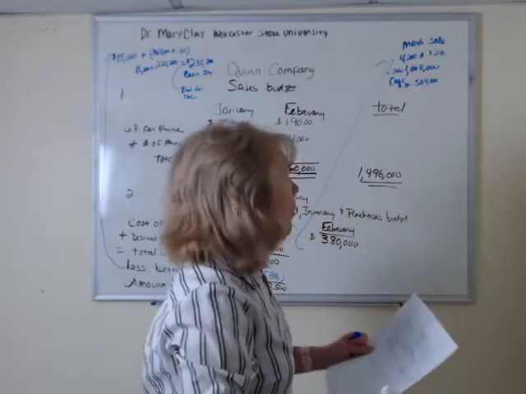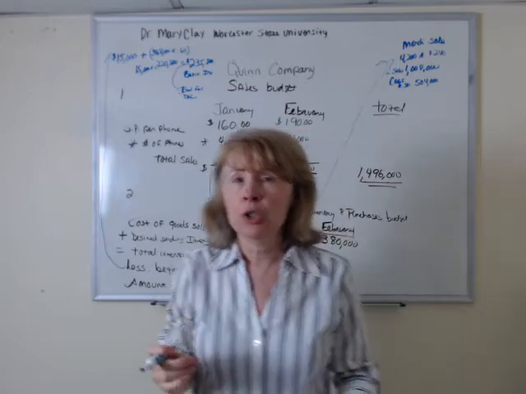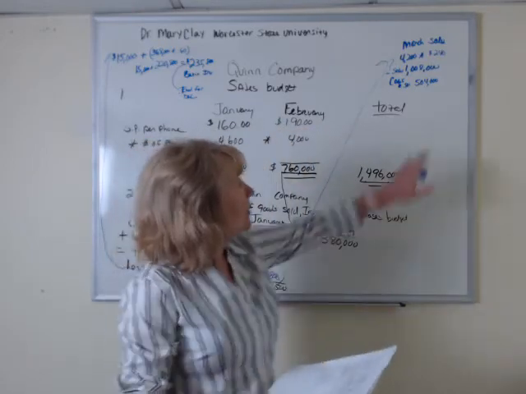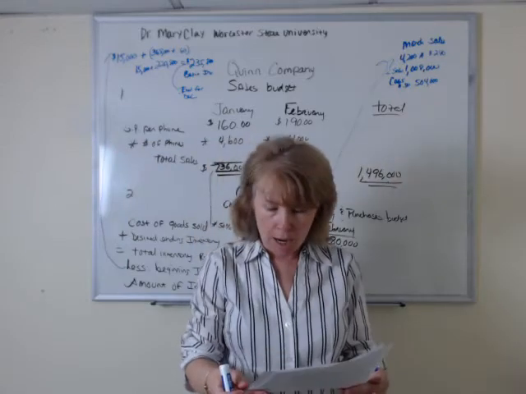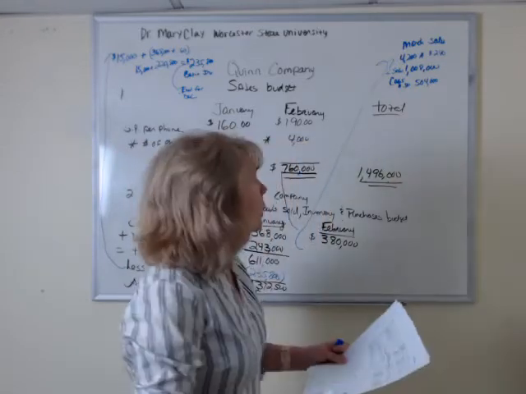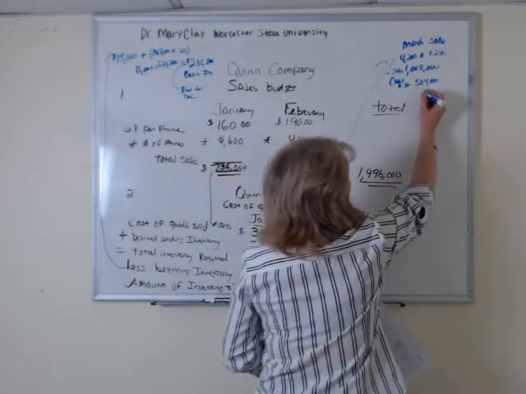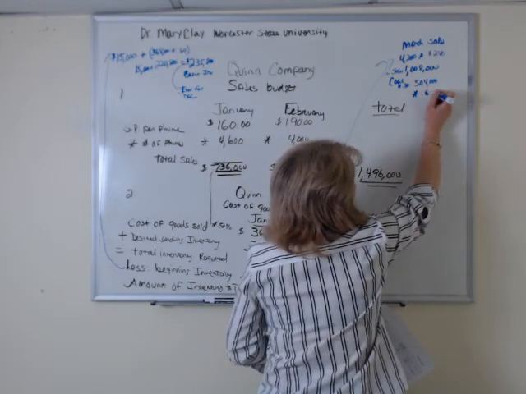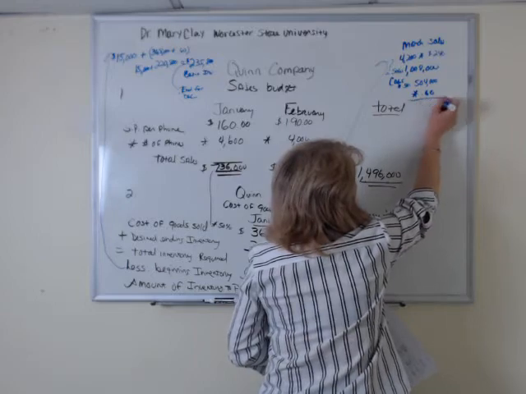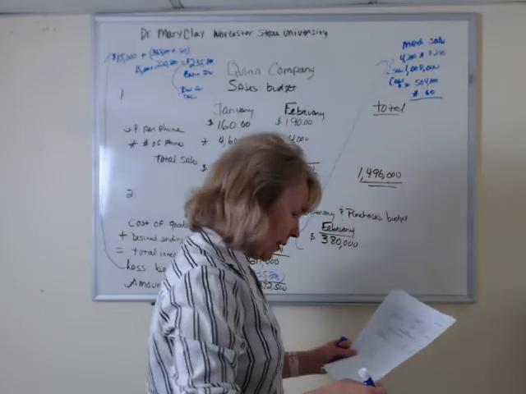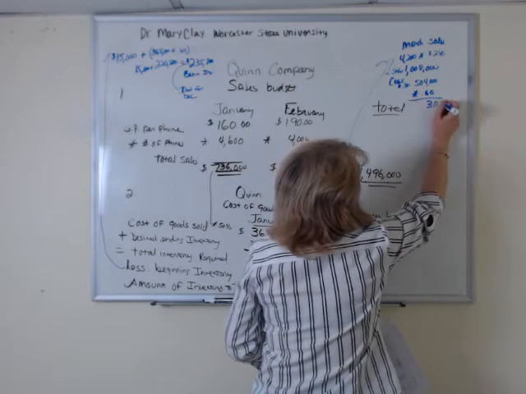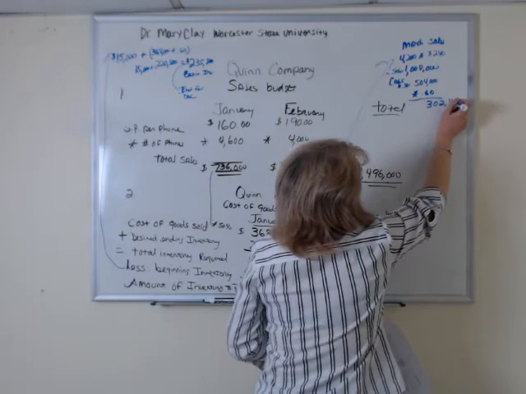Now for the desired ending inventory, it is 60% of the next month's cost of goods sold. So now I'm going to take the 504,000 and multiply it by 0.60. I like decimals. 504 times 0.60 gives me 302,400.